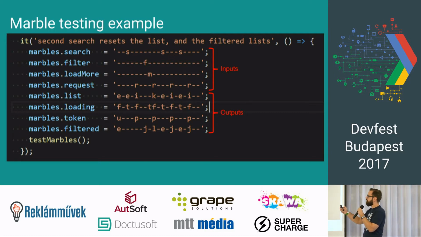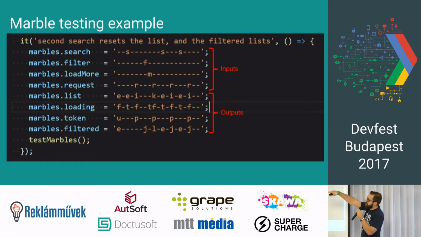So just, where is that? All right, so we have these marbles. The first one means that every time there is an S character, the user sends a search. Every time the user clicks on the button that allows him to load more items to the list, that is the M character in the load more marble.